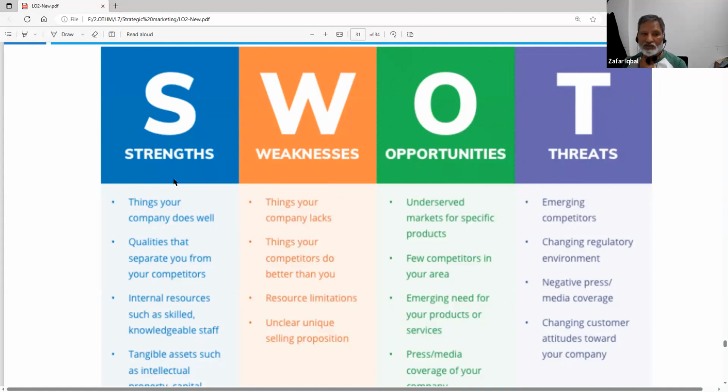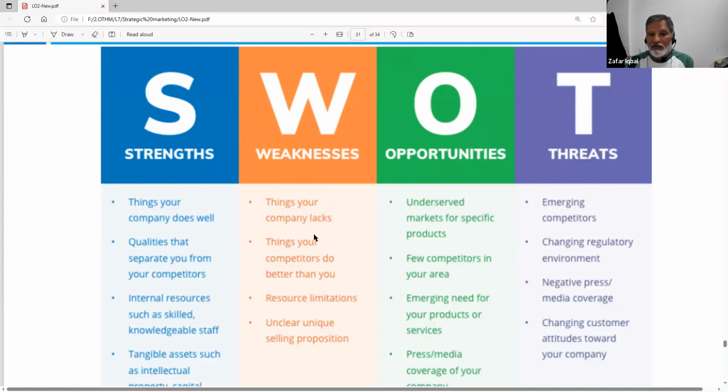So we can look at our strengths, and also we can look at our weaknesses. Where are we weak? Where are we lacking? How are we using our resources? Where are the resources we are not using to the best of our abilities? Where are we stuck, for example, or where are our weak points?